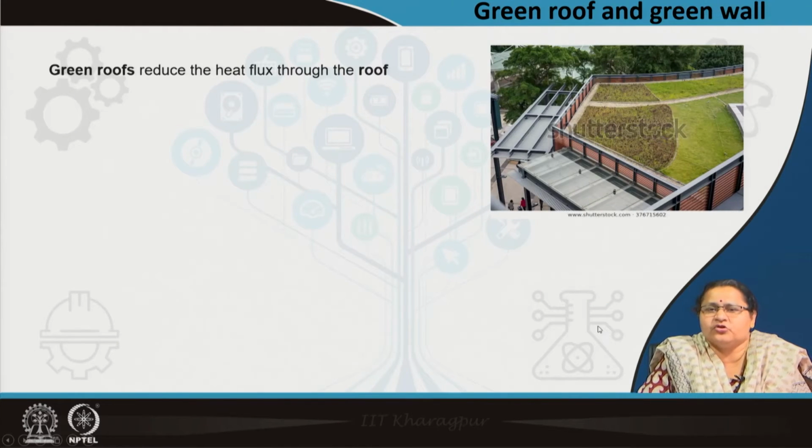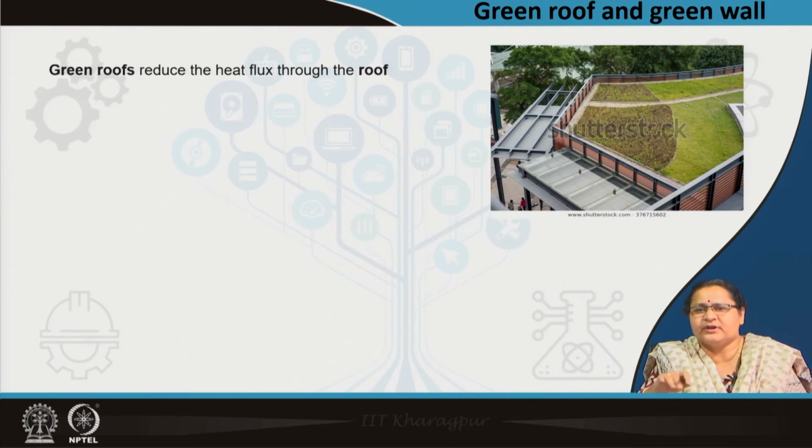Now, let us also discuss green roof and green wall. Is it really giving you an insulation? So, when it is a green roof, yes, it reduces the heat flux through the roof, but it has multiple layers of different things so that water does not enter or there is no leakage. There should be drainage, there should be soil, there should be a layer for how the roots of the plants will grow.